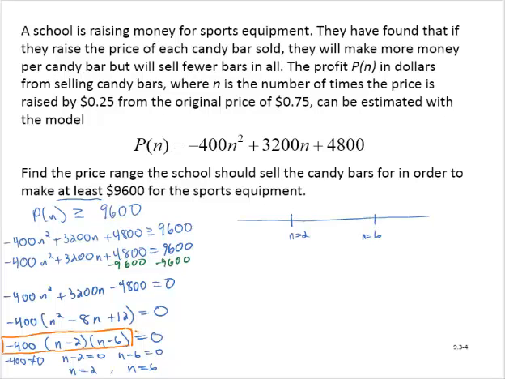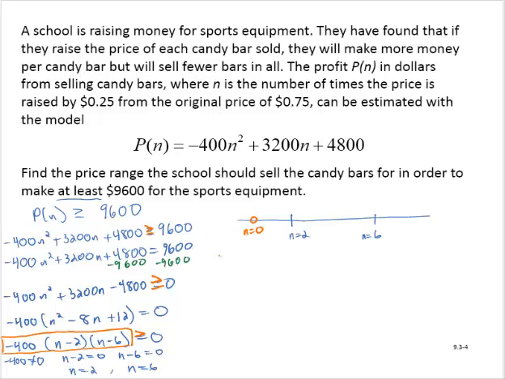So now we want this to be greater than or equal to 0 because our original inequality was greater than or equal to 9,600, and all I did was subtract the 9,600, so that's equivalent to saying negative 400 n squared plus 3,200 n minus 4,800 is greater than or equal to 0. And I just now have the factored form. That's easier to work with if we're comparing to 0, because now all we have to do is determine is it positive or negative.